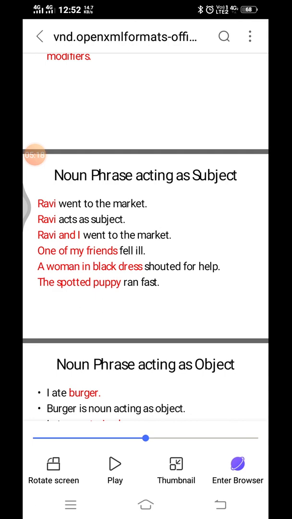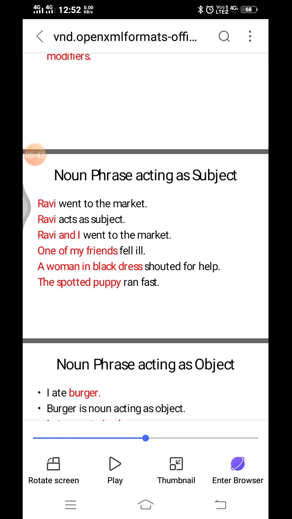So, this is going to be a noun phrase. Similarly, if we go to the next sentence, the spotted puppy ran fast. Ran over here is the verb. So, the spotted puppy is actually the subject.